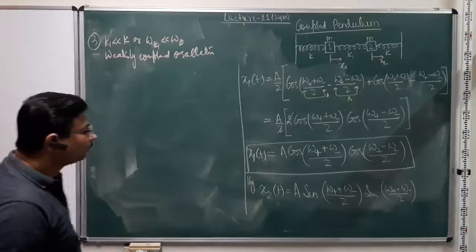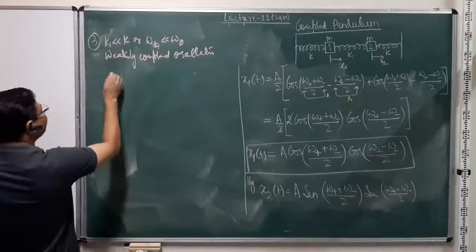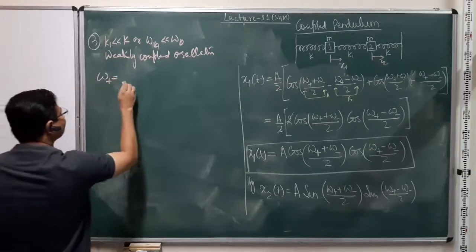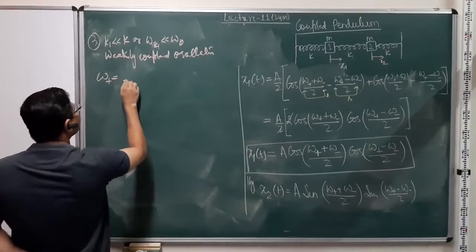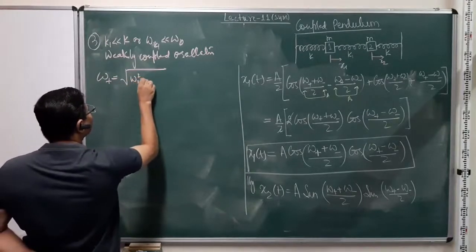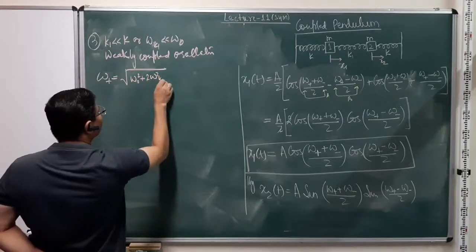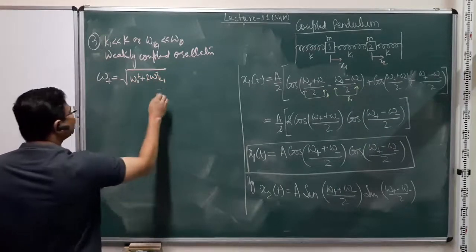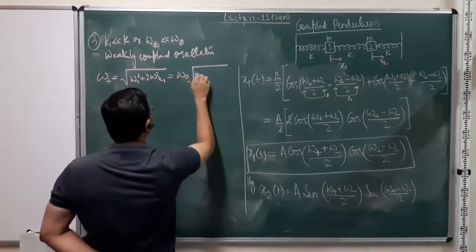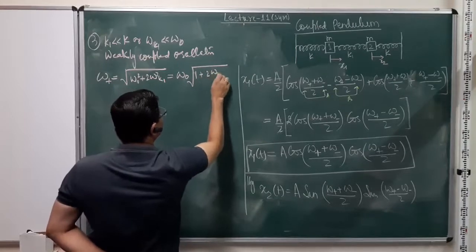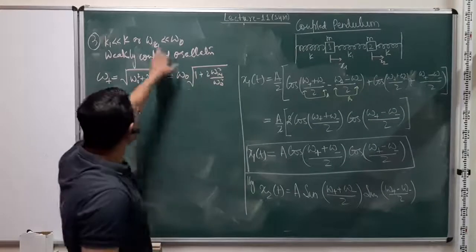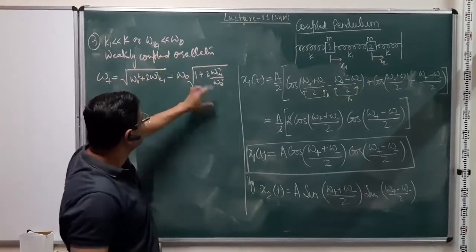If this is the particular case, then we can simplify this omega plus term, the higher frequency. We know that this was square root of omega naught square plus 2 omega k1 square. Now we can simplify this. We take the omega naught out, then this is 1 plus 2 omega k1 square over omega naught square. Since omega k1 is much less than omega naught, this is a very small term.